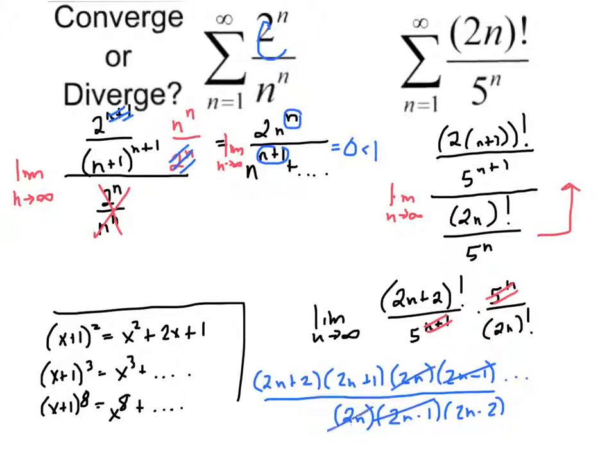These things will divide out, and we're going to be left with 2n plus 2 times 2n plus 1 over 5. Well, all the power's on top. There's no power on the bottom. So the limit is infinity. Obviously bigger than 1, so this diverges.